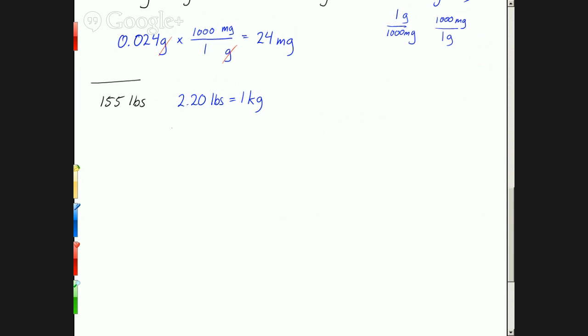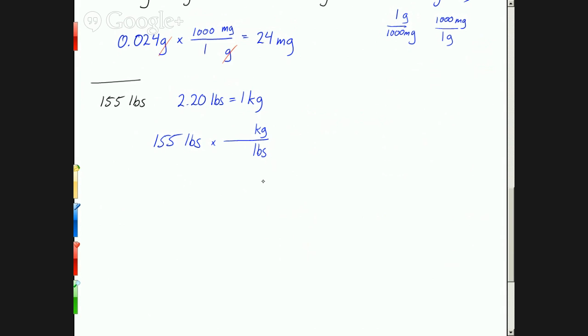And we can say 155 pounds multiplied by this factor. Now, which are we going to put on the top and which are we going to put on the bottom? Right, so pounds on the bottom, because we want that one to cancel, kilograms on top.